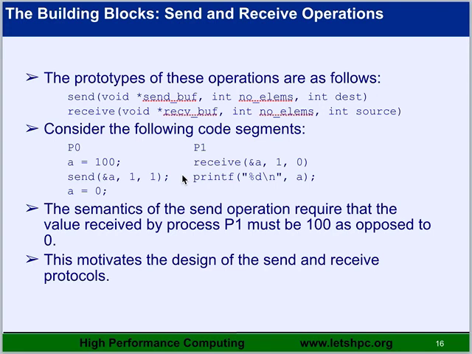As a result, if the send operation programs the communication hardware and returns before the communication operation has been accomplished, process P1 might receive the value 0 instead of 100 without this kind of proper support. Okay.